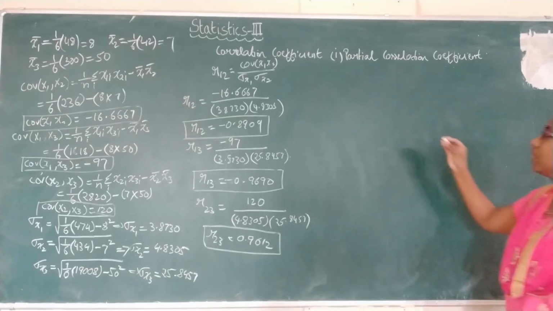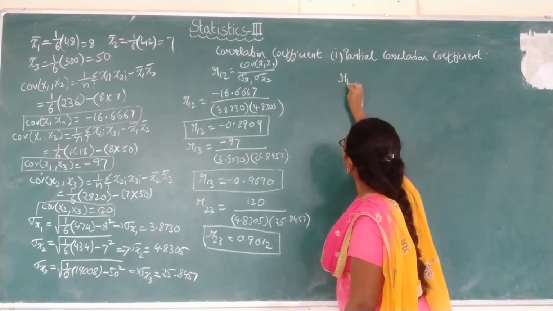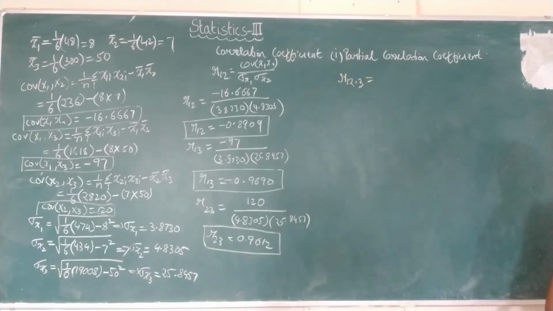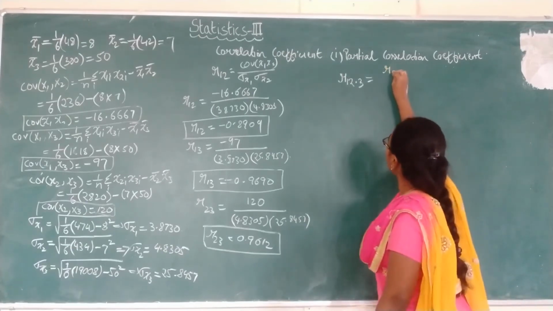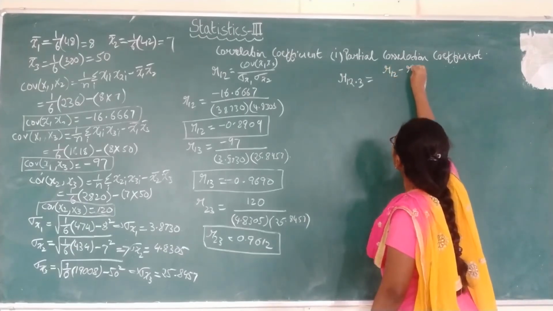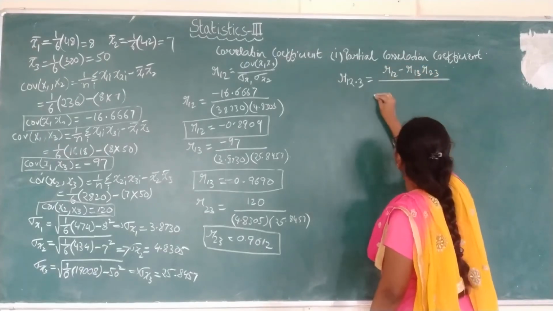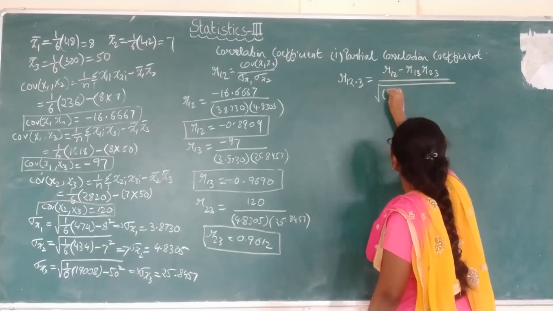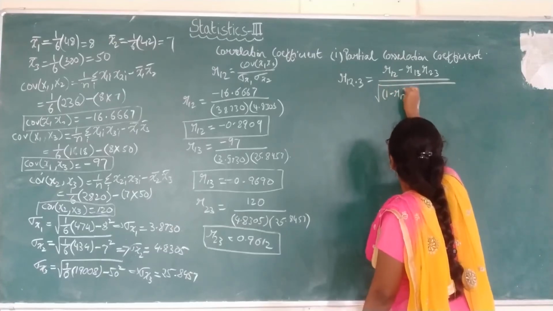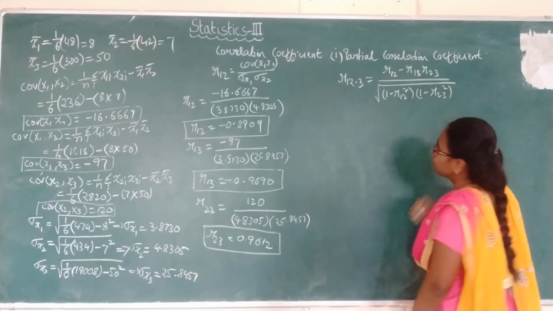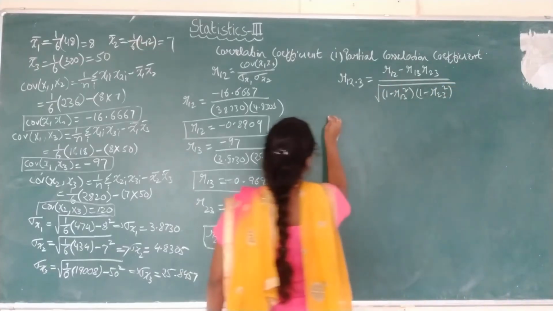So the first one I am writing is r12.3. So r12.3 is given as, I said how to remember the formulas, first r12 minus r13 r23 divided by square root of 1 minus r13 square into 1 minus r23 square. Substitute the values.